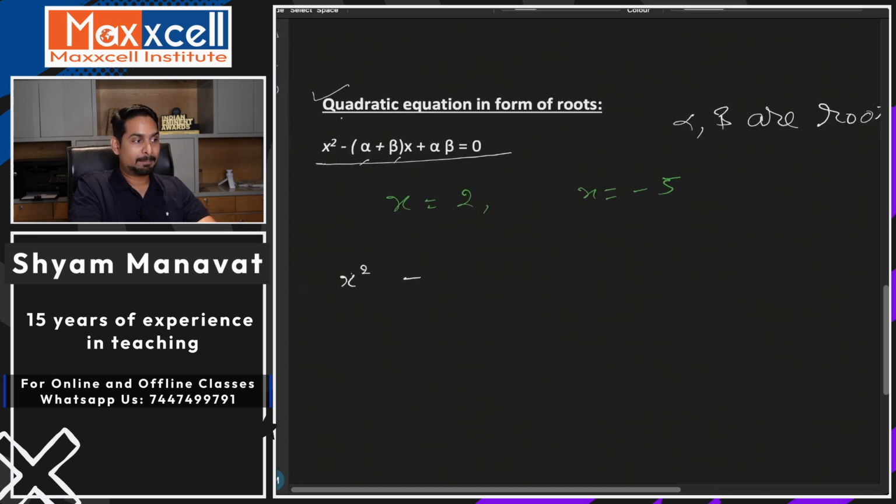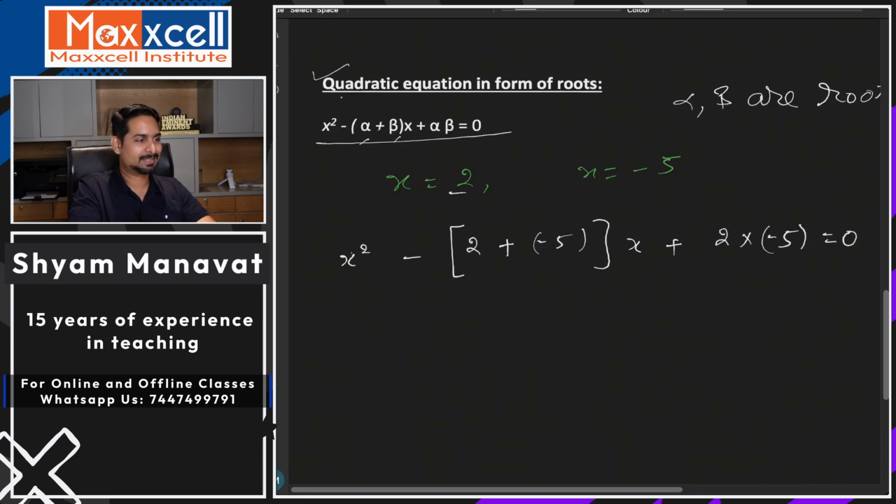So x square minus, you have the first root, 2, plus the second root, which we have minus 5, x plus alpha into beta, the product of roots, that's equals to 0.